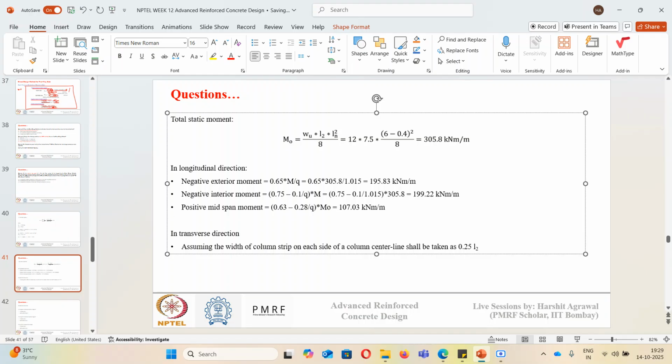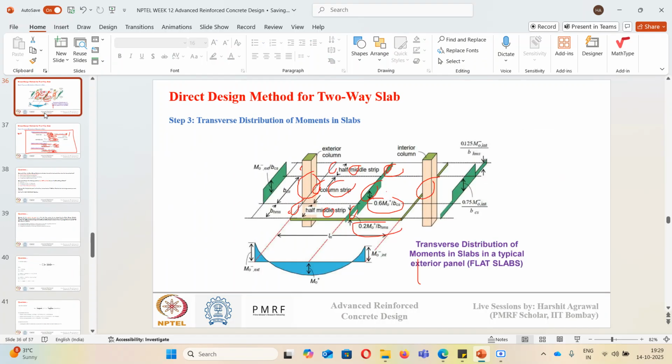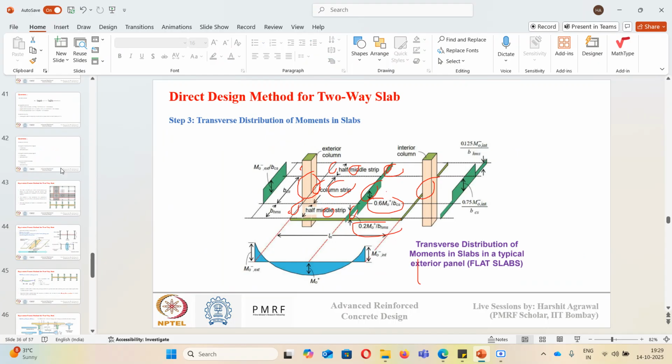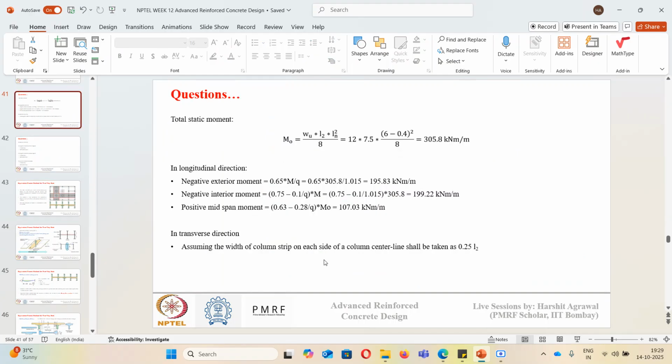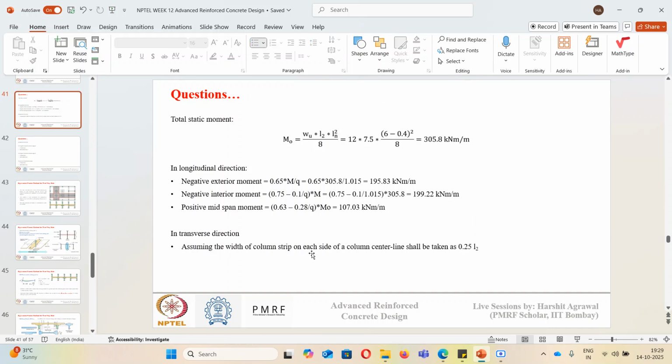Now in the transverse direction, we need the moment distribution. So I will assume the middle strip is equal to 0.25 times L0. That assumption is mentioned in the IS code somewhere, that we need to assume the width. The width of the middle strip will either be given in the question or we need to make the assumption. So I am assuming it is 25% of the length in the transverse direction.